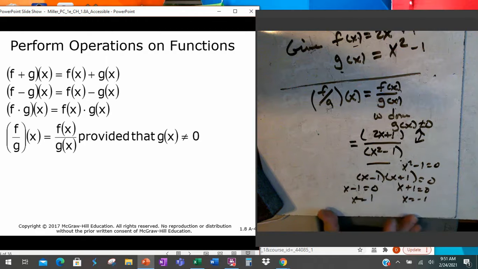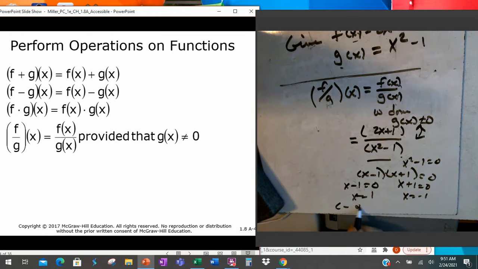And how do I pull that out of a domain? Negative infinity, here's my first one from left to right. I get negative 1. I can't include it, but once I jump over, I go all the way up to my next one. I can't include that. That's the open parentheses. And then union 1 to infinity.